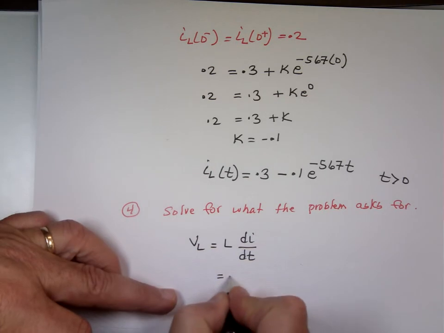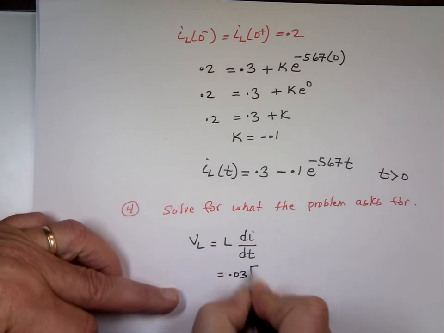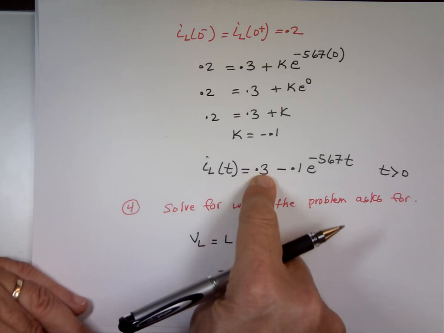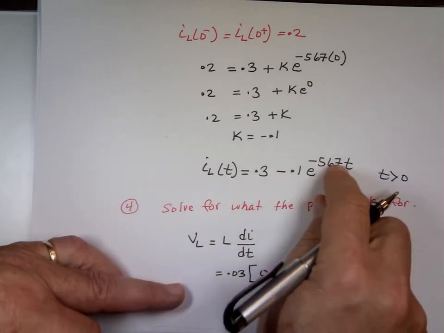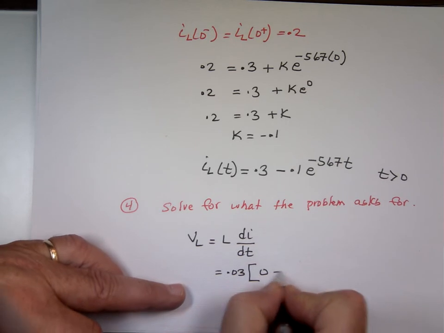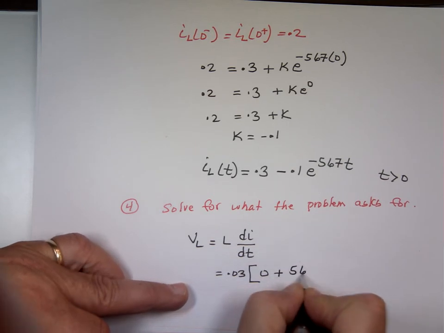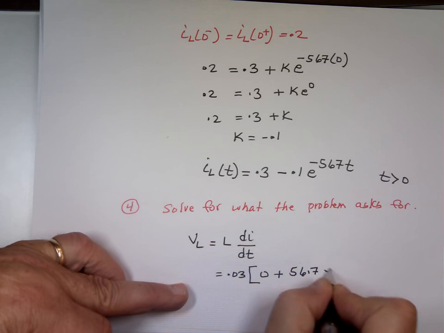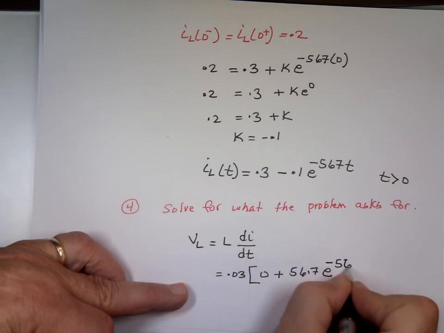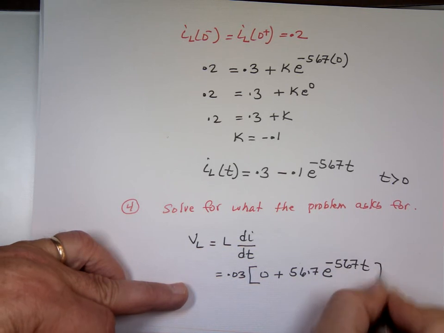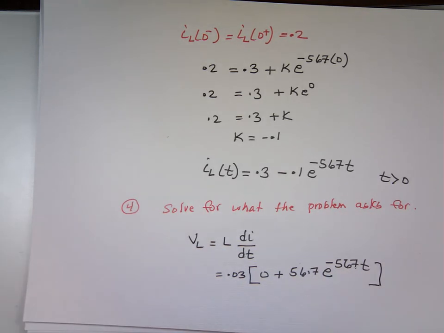And let's take our calculus skill. What's the derivative of this? 0. Minus times a minus, that would be a plus. 56.7, right? e to the power of what? Negative 567t. You agree with that?